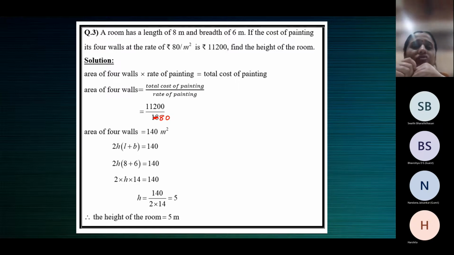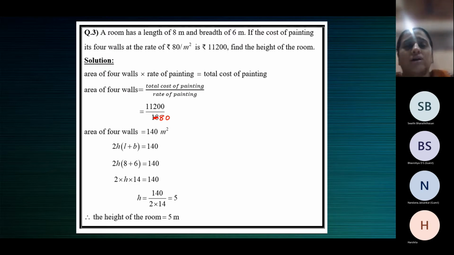If the cost of painting is for 4 walls, imagine that. The 4 walls are painted, and the cost is 11,200 rupees. And what is this 80 rupees per meter square? That's a rate, like how the fruit seller says the rate is rupees 90 per kg. The painter says rupees 80 per meter square. The painter will talk in terms of area.